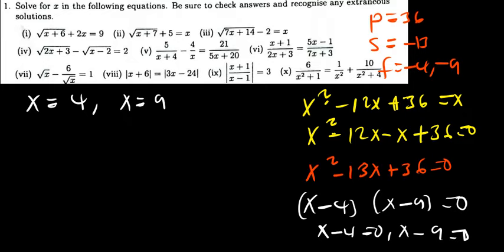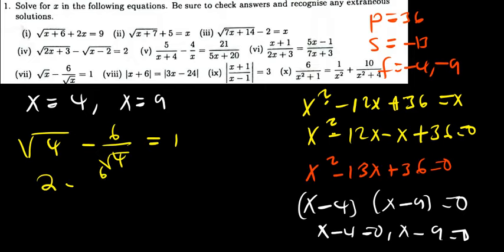Done. Then you are going to see that these answers which I've just found, I need to prove. So when x is equal to 4, x minus 6 over the root of x, let's see, is it going to give us 1? So this will give me 2 minus 6 over 2.